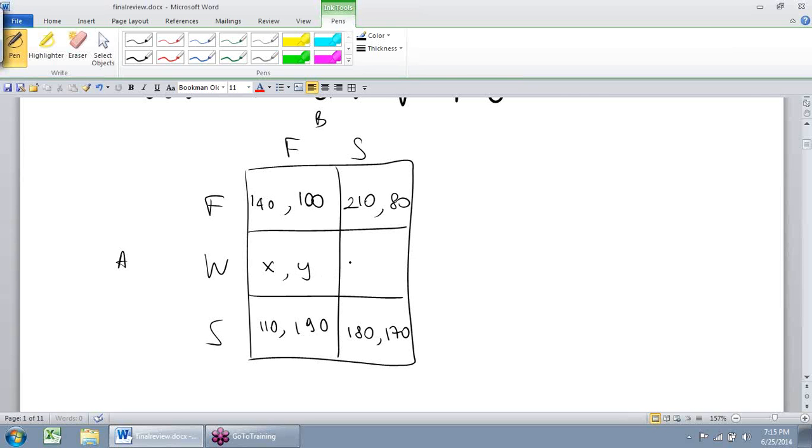Then we have Z for A if he chooses waffle but B chooses share, and let's call it delta the payoff for B if A chooses waffle and B chooses share. So we want to find numbers X, Y, Z, and delta such that there is no Nash equilibrium.